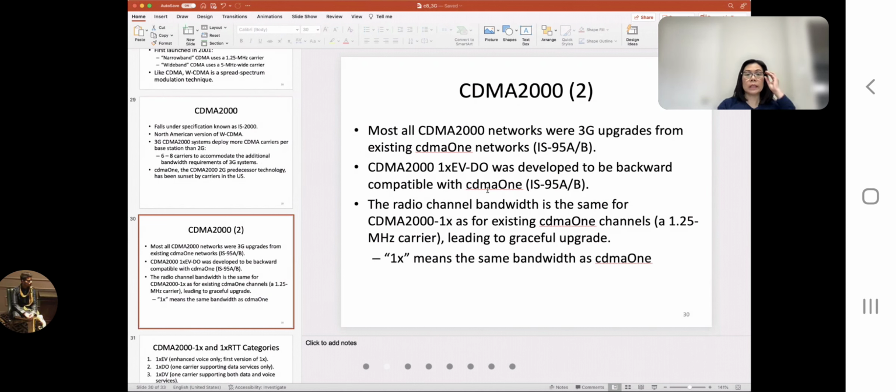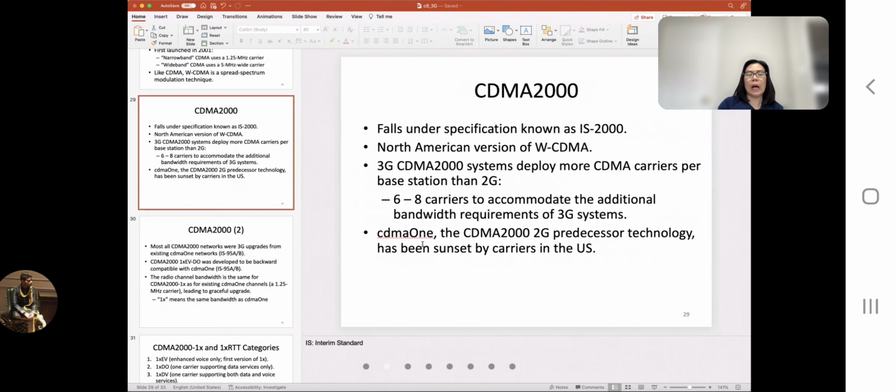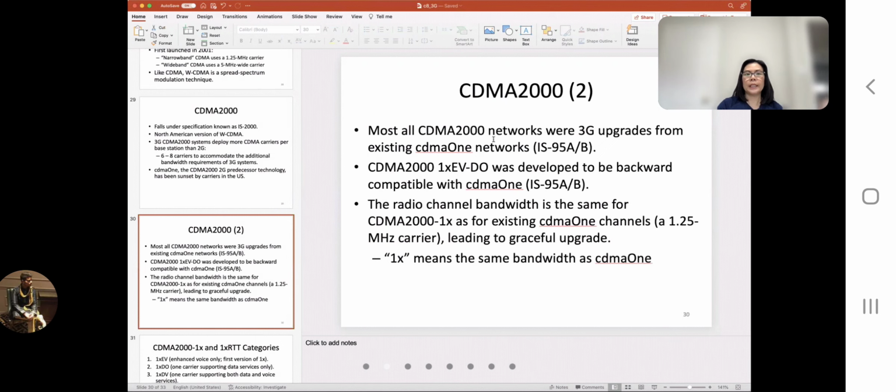Now, most CDMA2000 networks were upgrades from existing CDMA networks. So CDMA1 is the CDMA standard for 2G networks. And then when they move to 3G, they upgrade the equipment to handle CDMA2000 instead of CDMA1. Okay.